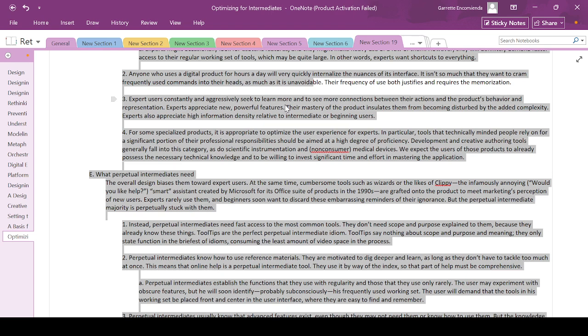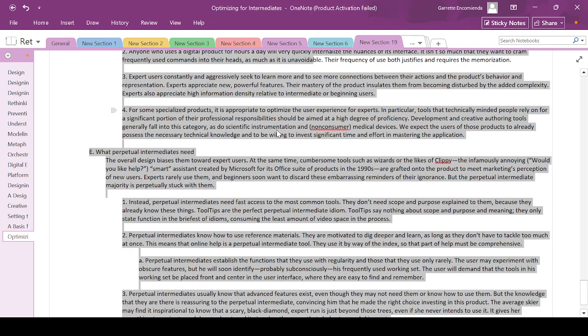Their frequency of use both justifies and requires the memorization, to automate it, because it's just useful for us. It just saves us time. Humans tend to want to save time because we have a limited amount of it.